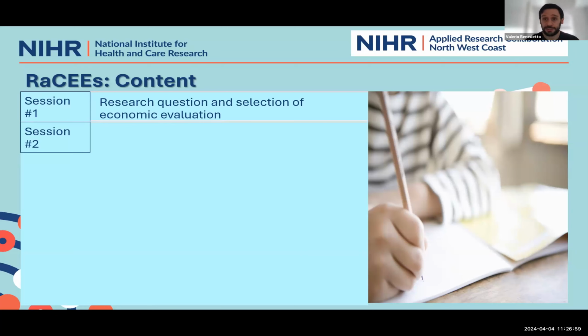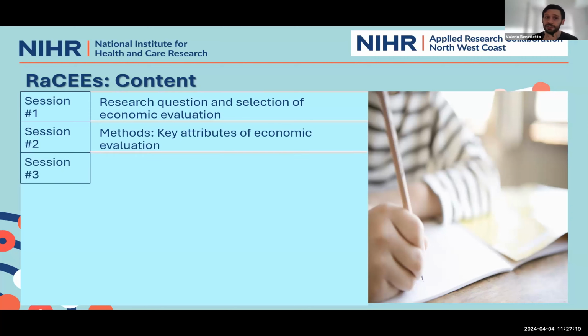You can choose the article, and we can then start working on it together. Session 2 is about finding the key attributes of an economic evaluation, which should be present in each article. Again, we'll go through what to look out for in finding these key elements.